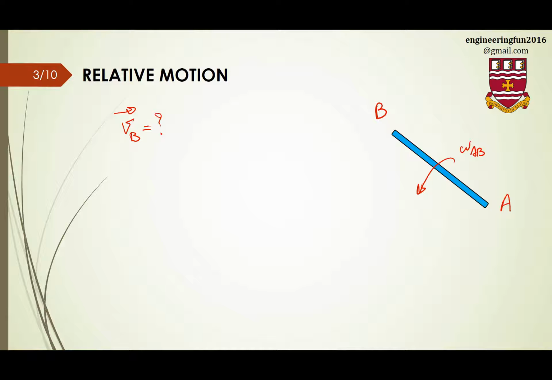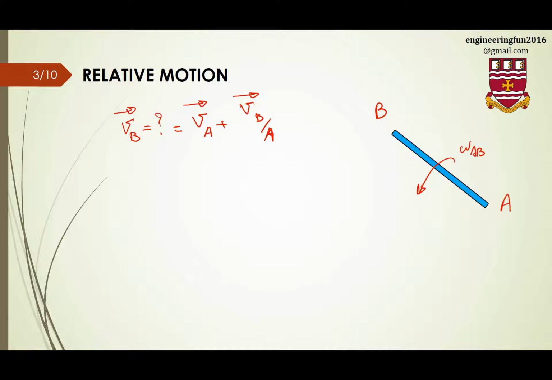The velocity of point B can be written as velocity of point A plus velocity of point B with respect to A. This is called the relative equation for the velocities.